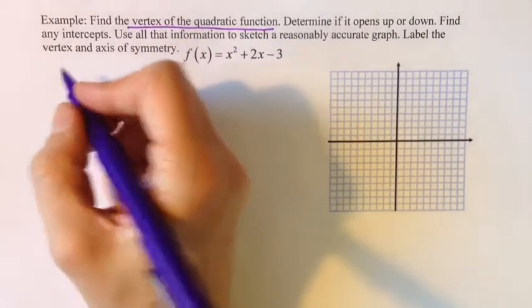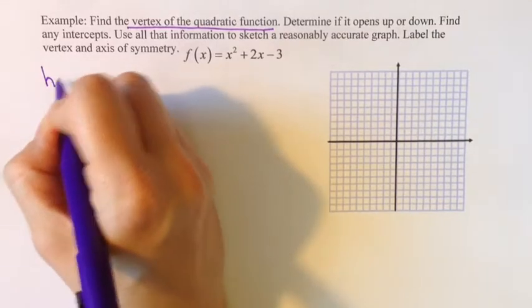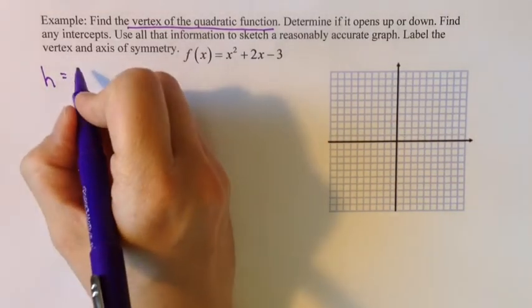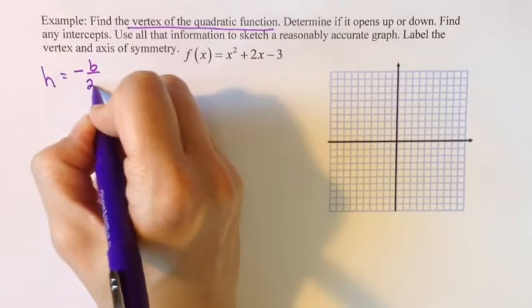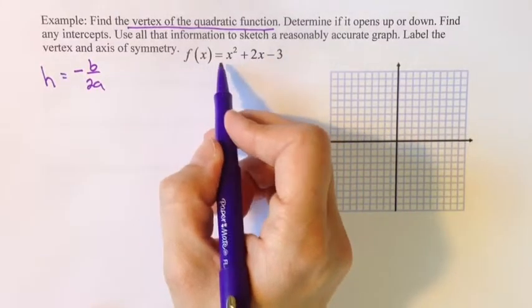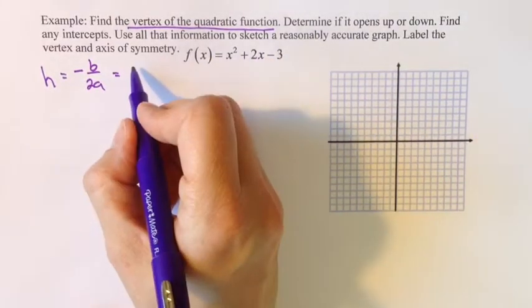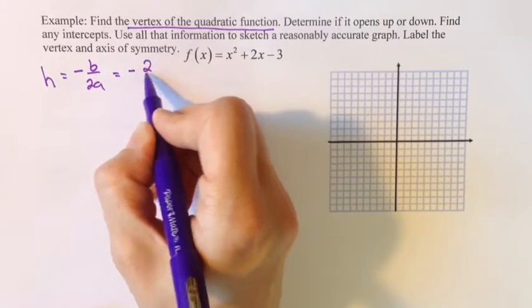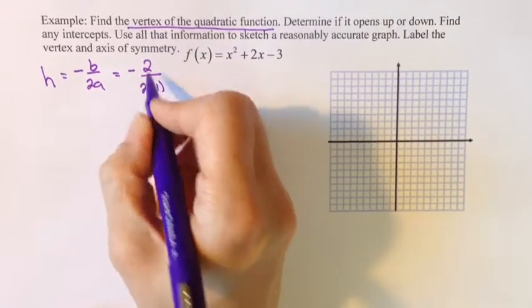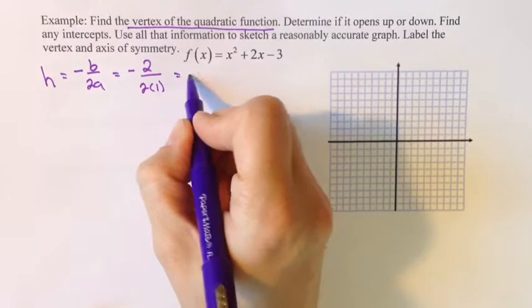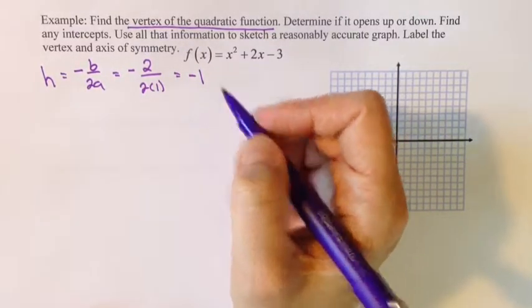So remember that the vertex formula says that the x-coordinate, or h, of the vertex is negative b over 2a. So I take my b and my a, plug them into that formula. b is 2 and a is 1. Simplifying, this will give me negative 1 as the x-coordinate of the vertex.